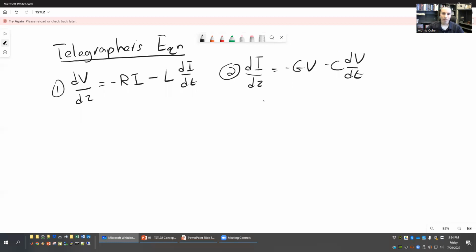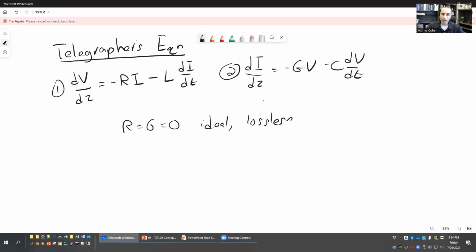Right? We can start to see that, and to simplify, let's say that this is an ideal transmission line. Okay, so we don't have any measurable resistance along the transmission line, and we don't have any measurable leakage between the two transmission lines, which means that R equals G equals 0 for an ideal, what we would call lossless case.